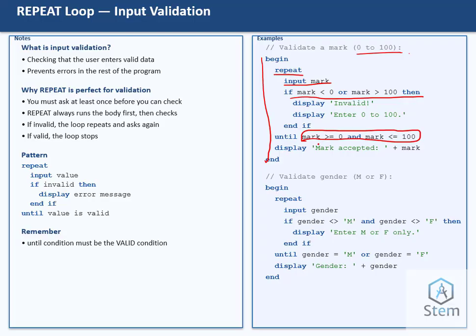So if the mark is not greater than or equal to 0, and if the mark is not less than or equal to 100, if a mark doesn't fulfill this condition, it's going to be treated as invalid. So this loop is going to keep going back until this condition becomes true. This ensures that whatever mark is passed on to the program is valid.